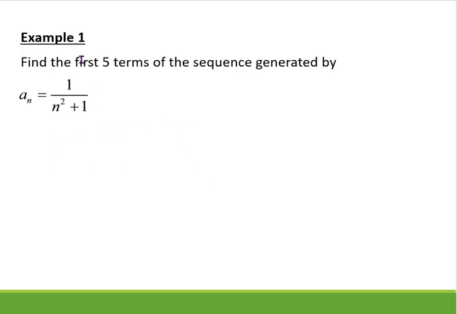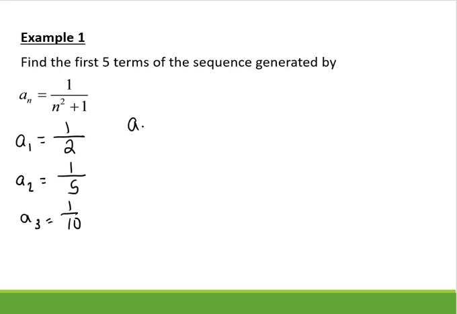Okay, first, find the first 5 terms. Hopefully I will do better at this one. If I plug in 1 for n, I get 1/2. If I plug in 2, I get 1/5. If I plug in 3, I get 1/10.